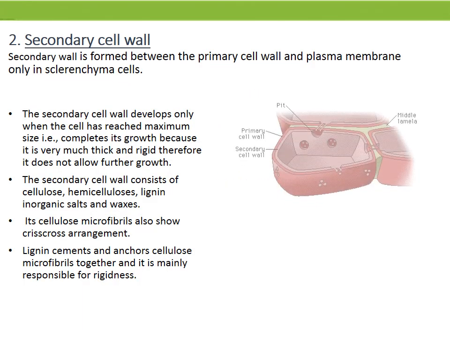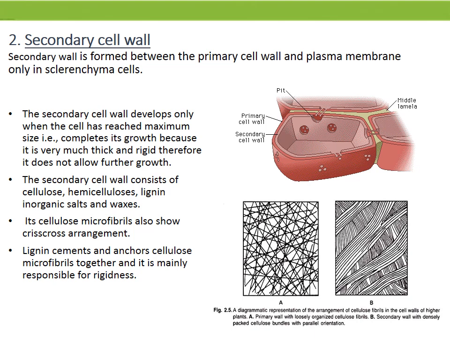Now secondary cell wall. As compared to the primary wall, the secondary cell wall is thicker and thus stronger, ranging between 5 and 10 micrometer in thickness. The secondary cell wall develops only when the cell has reached maximum size.